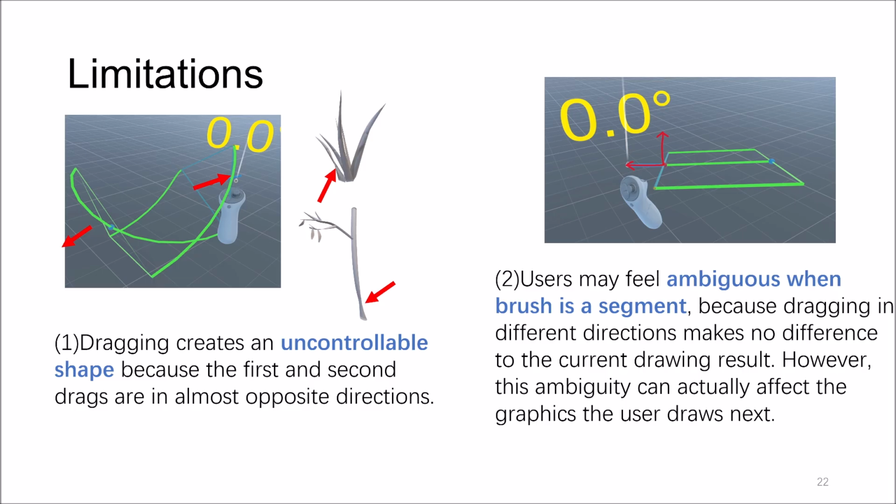Also, when a cross-section degenerates into a line segment, dragging in different directions may result in the same visual effect, and the different internal storage structures lead to unpredictable subsequent generation results.